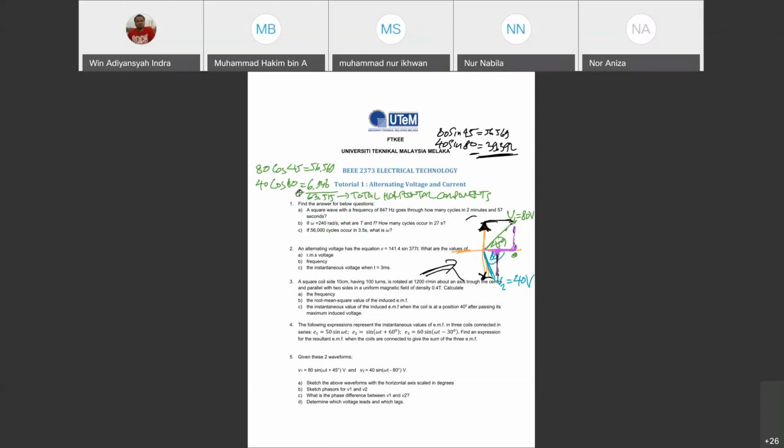Unless, for example, V1 is in the other quadrant, then it would have to subtract. So we have to minus this, and this is equal to 17.7. This is the total vertical.